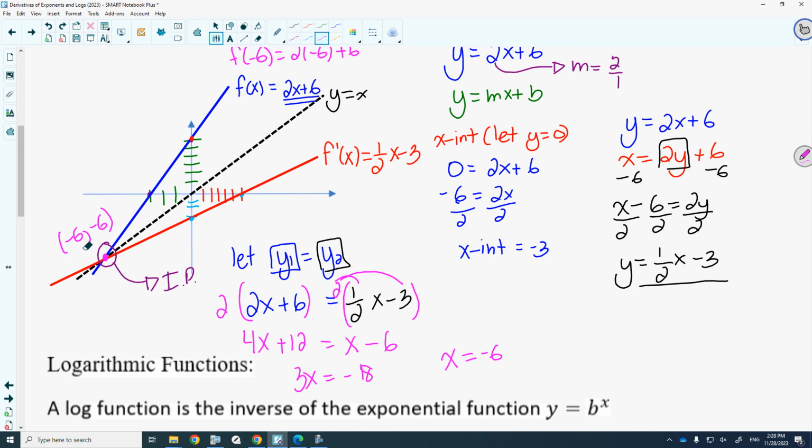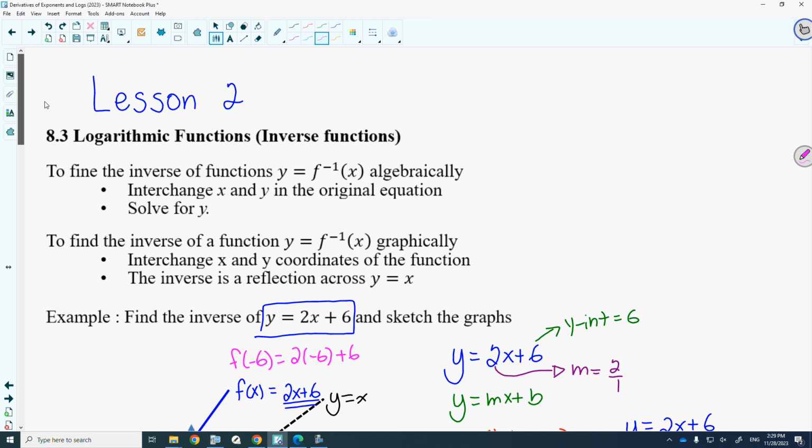Okay, so that is reviewing inverse functions. Why do we have to know inverse functions? Because a log function is an inverse of an exponential function. So let's think about this. Just at the top here, I want you to write an exponential function.